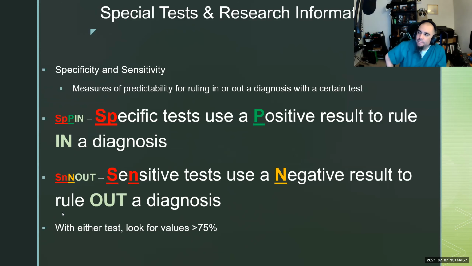So the first thing we have to understand with special tests, and it ties to research information, is this term of specificity and sensitivity. And I think I went over this a little bit in physics.